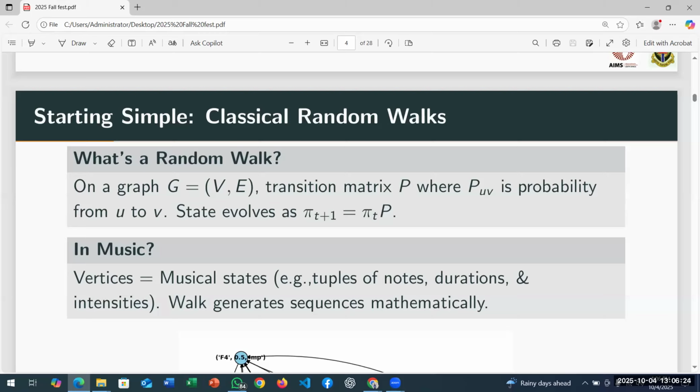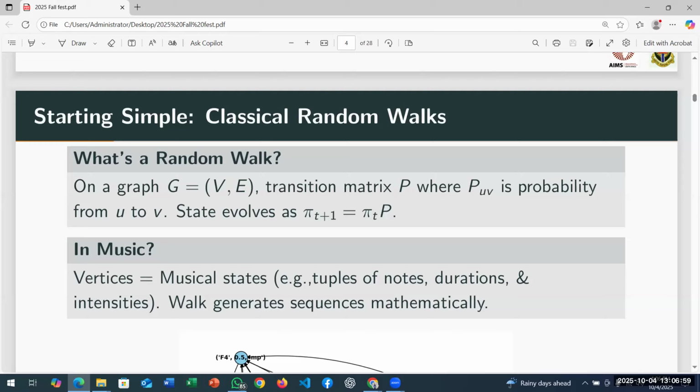If you call P subscript u,v the probability of moving from a particular node u to another node v, the evolution of the state is given like this. The reason we have it like this is that it is a row stochastic process. Assuming it was a column stochastic process, the transition matrix would come before the stationary distribution.